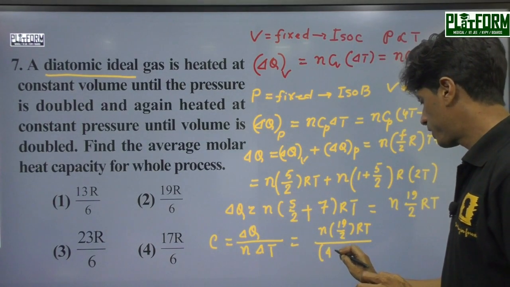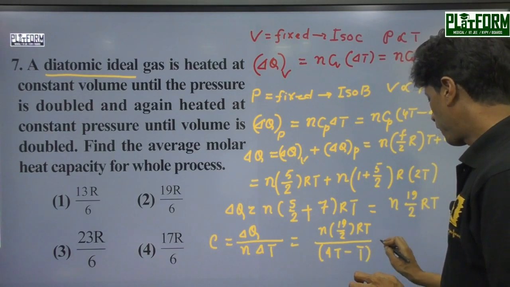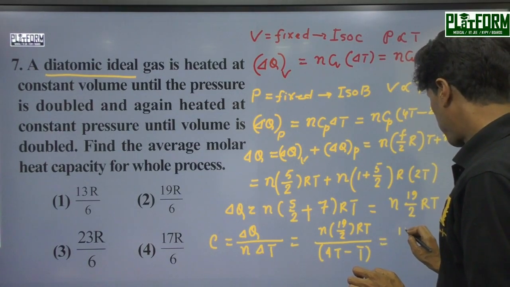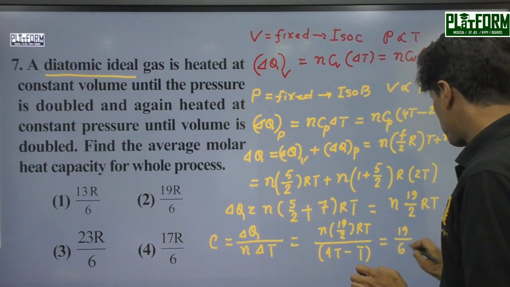So this is 4T minus T, and the right option here is 19 by 6 into R.